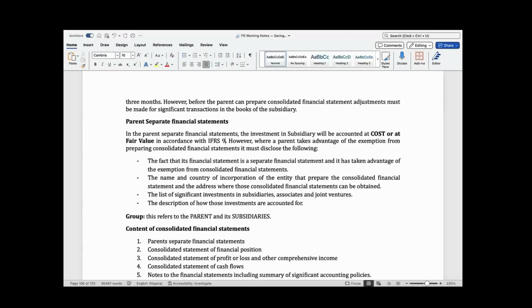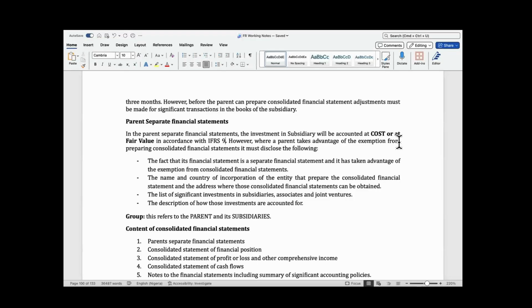IFRS 9 on financial instruments deals with this. I will teach you. When you buy shares in another company, you need to put it in your books as an investment in equity, either at cost or at fair value, using the principles in IFRS 9.